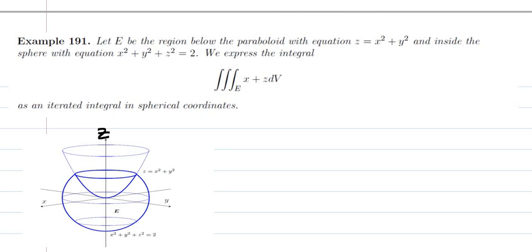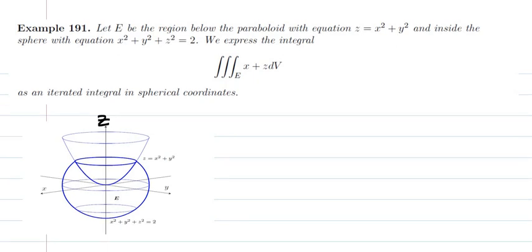It's no surprise we're going to use spherical coordinates because one of the boundaries is a sphere. And if one of the boundaries is a sphere, then using spherical coordinates might make your life quite easy. So if you draw it, you will get the picture on the left.